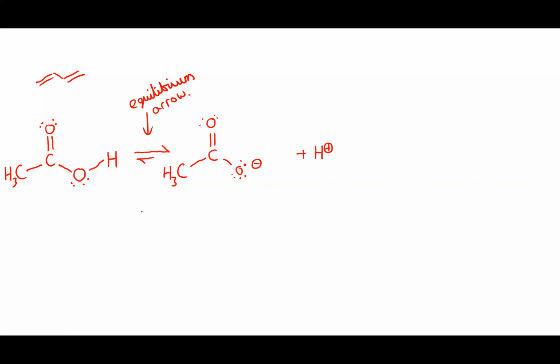So what this means is this equilibrium, I'm just going to write that as equilib, lies to the right. And so what that means is, if this thing is in solution, there's more of the stuff on the right than the stuff on the left, because that's how I've drawn that arrow. Okay.